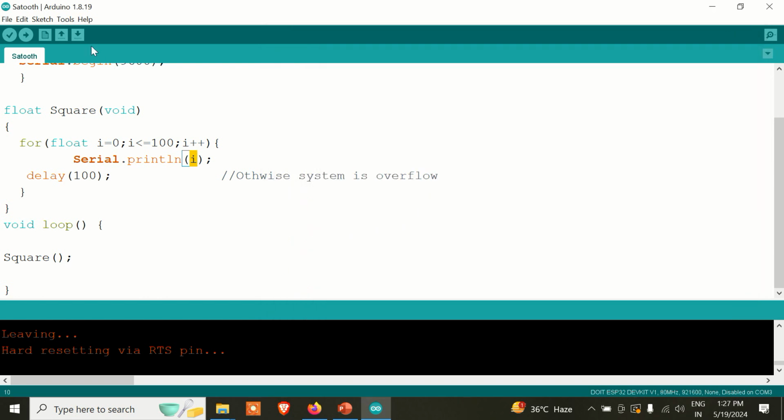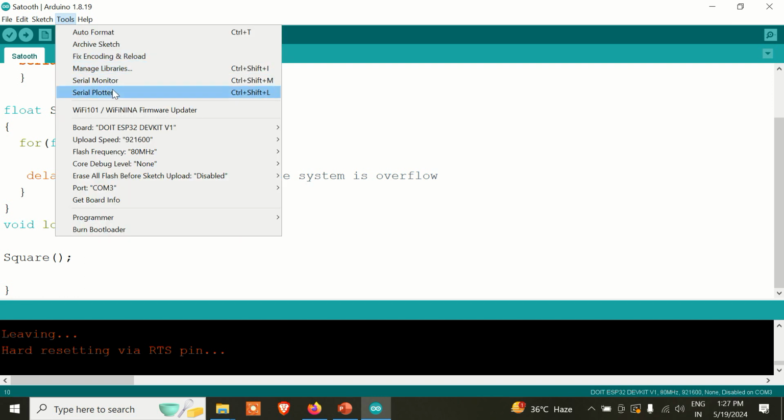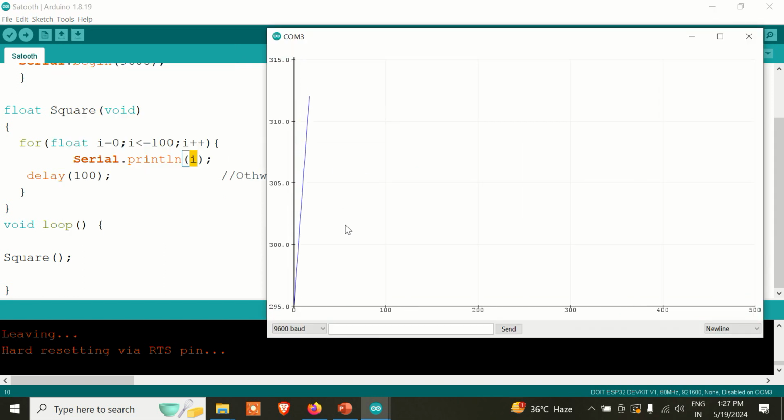But if you see this as a signal, see the plotter, as you can see, it's a sawtooth waveform where between one sample to the other sample, there is a delay of 100 milliseconds. If you reduce the delay, then the frequency of the sawtooth waveform will be increased.